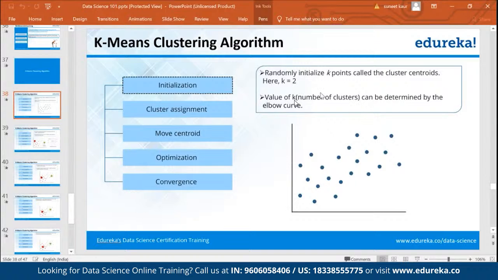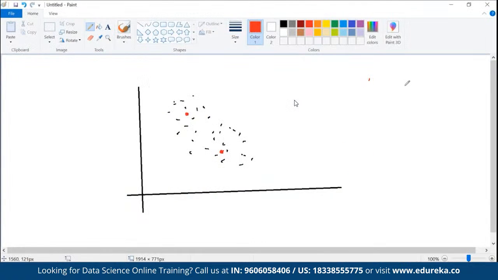So we are saying there are two centers. And now the value of K, or number of clusters, can be determined by the elbow curve. This is something which we studied in engineering. So what is this elbow curve? I'll just draw it here and then I'll tell you. It says this, right?